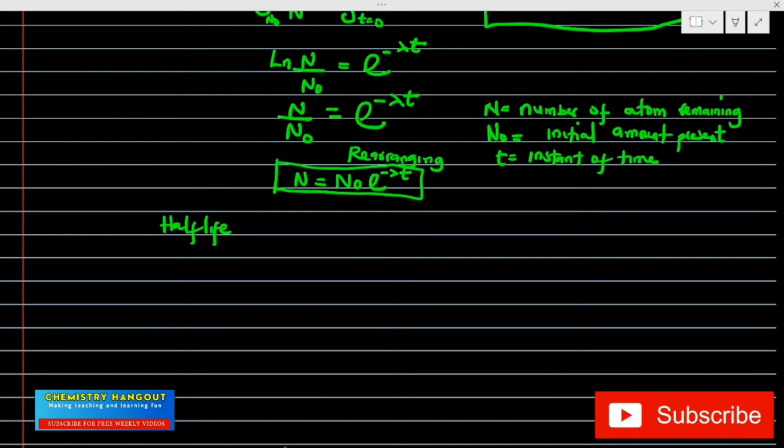Half-life is represented by T half. And what is half-life?